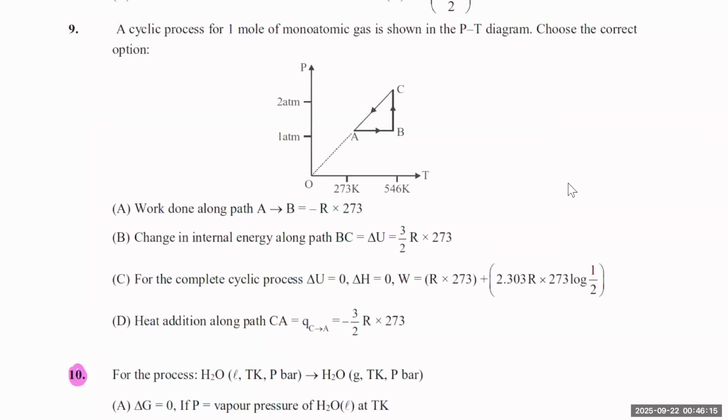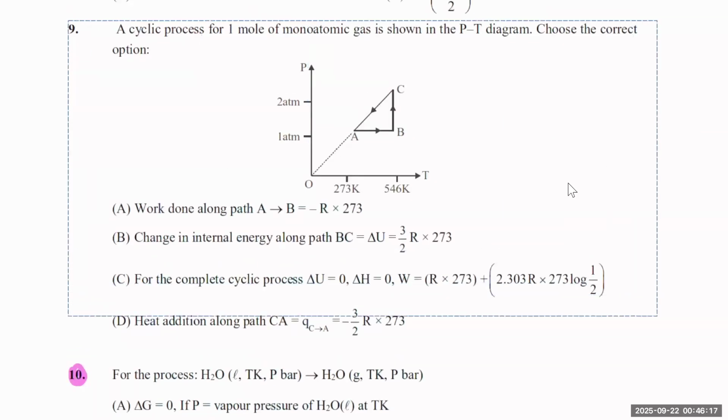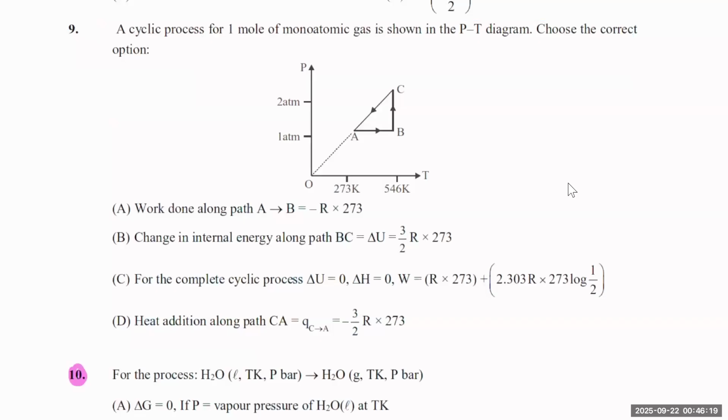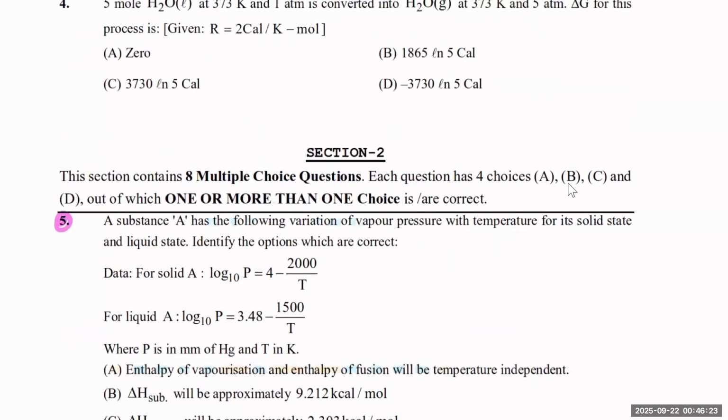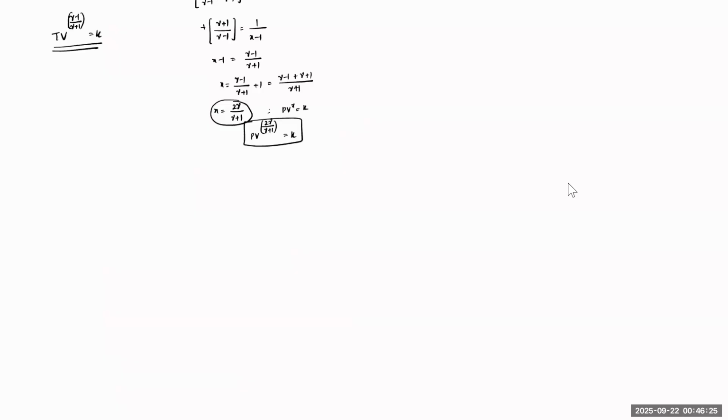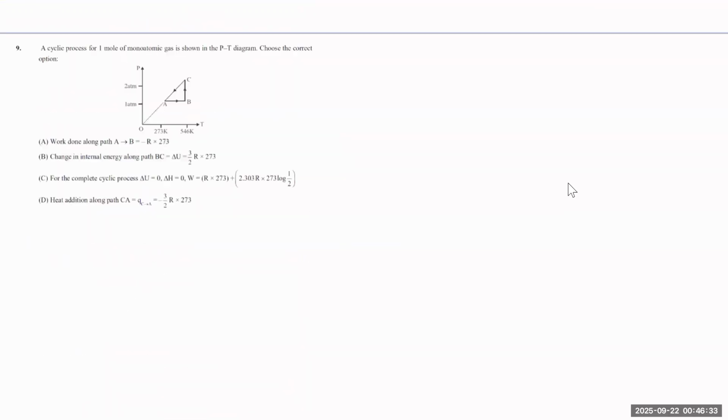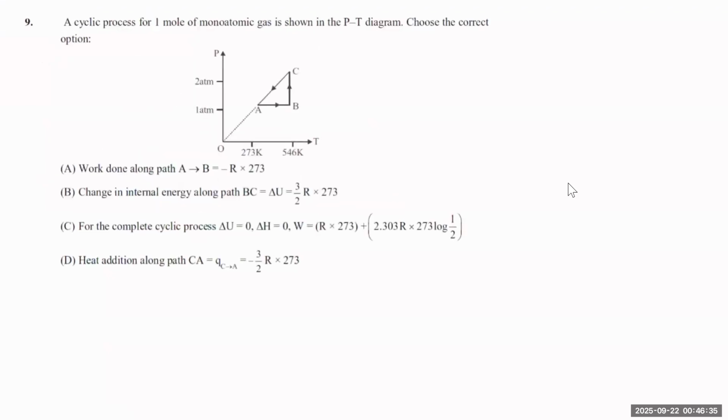Let's talk about the ninth one now. Please check. A cyclic process of 1 mole of monoatomic gas is given in PT diagram.